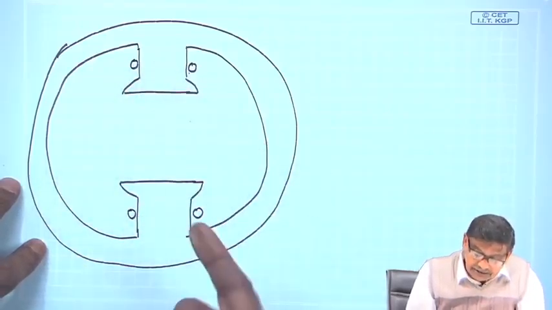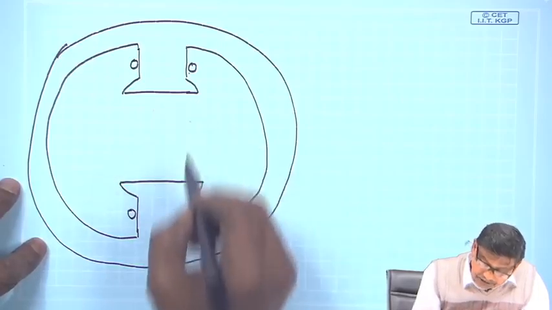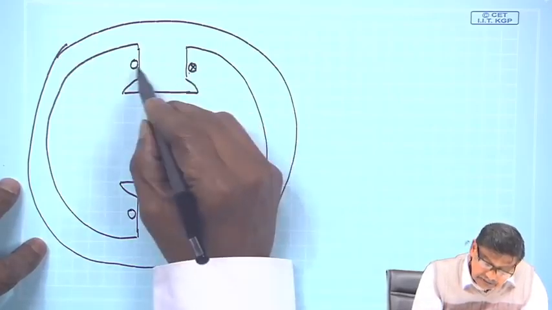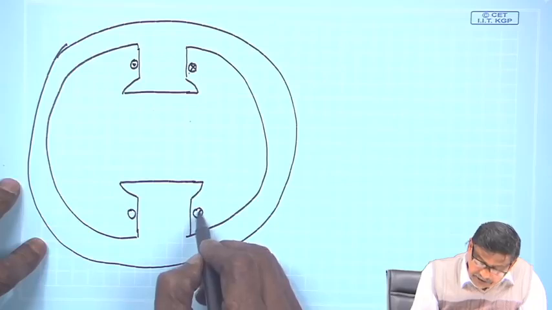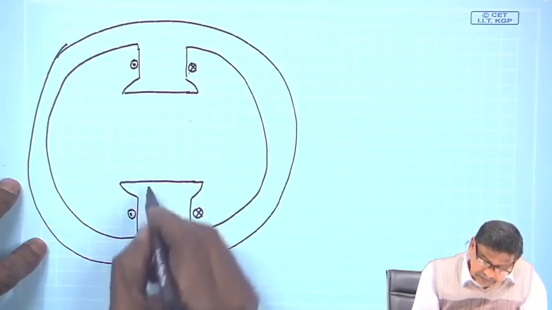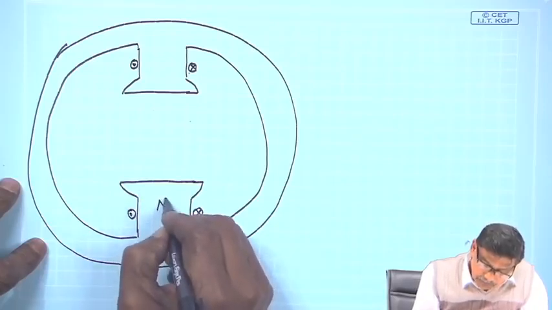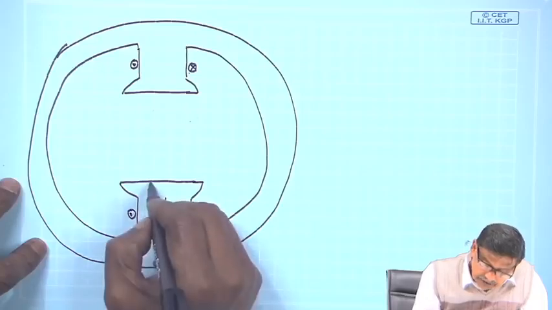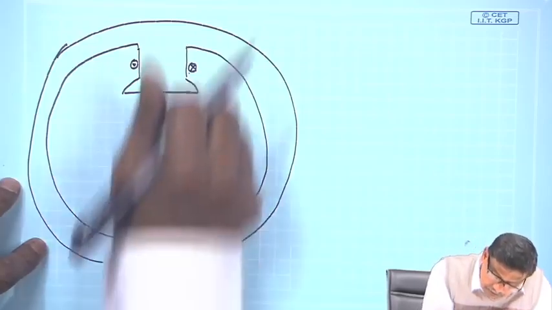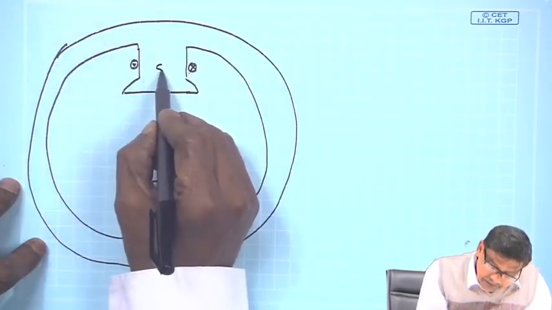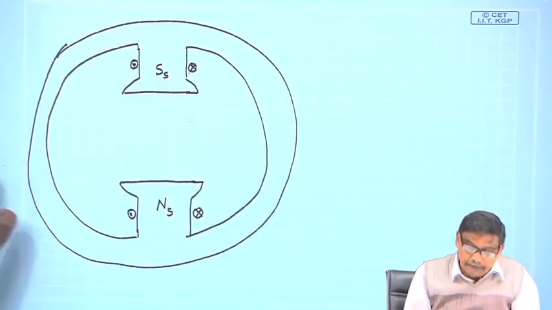Later we will see there are several other possibilities, but to just start, if you pass current like this, this becomes a north pole of the stator, because lines of force will come out, and this will become the south pole of the stator.